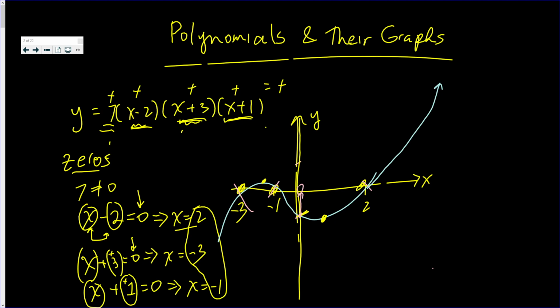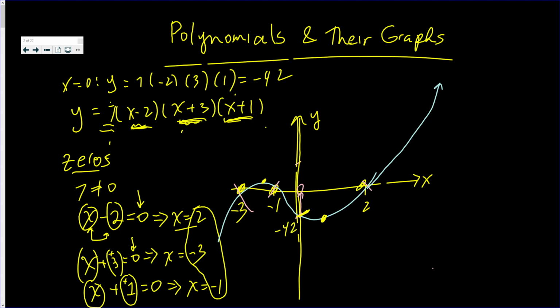X is 0. We actually had these numbers up here a moment ago. So, if x is 0, y is equal to 7 times -2 times 3 times 1, which is -42. So that value is -42.